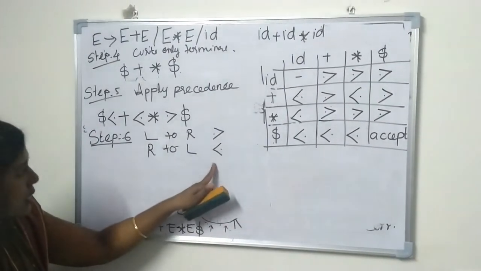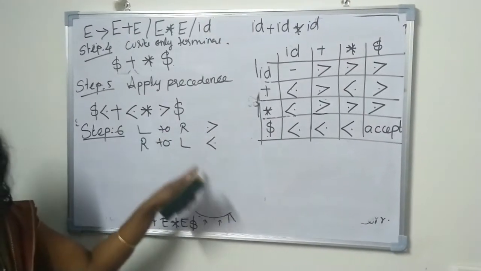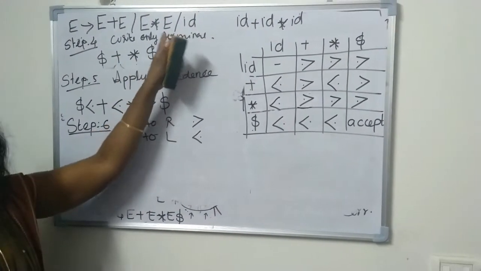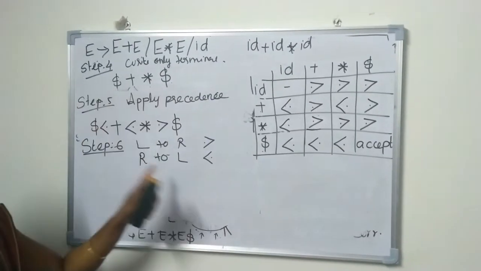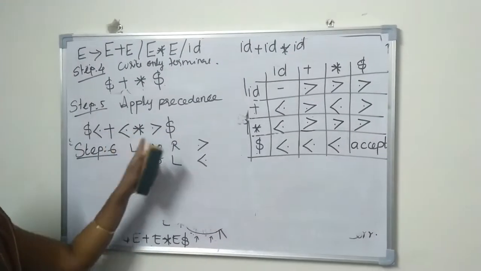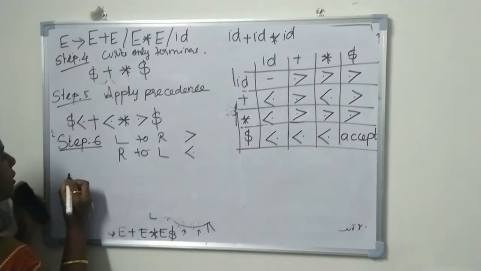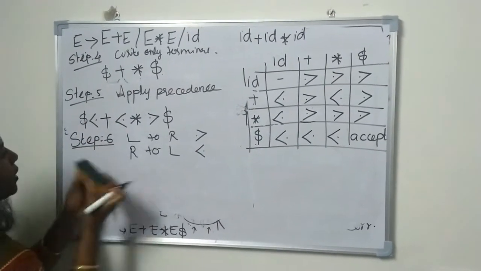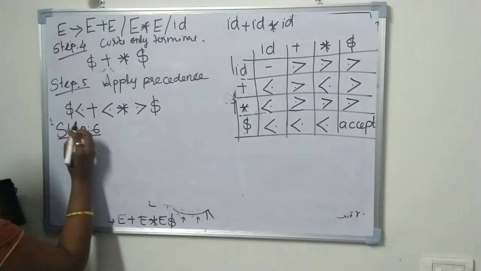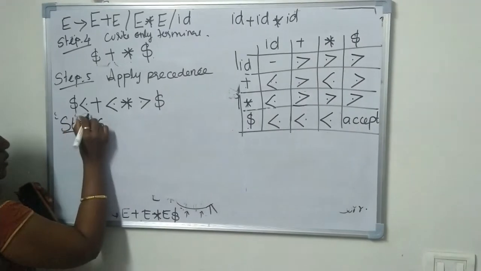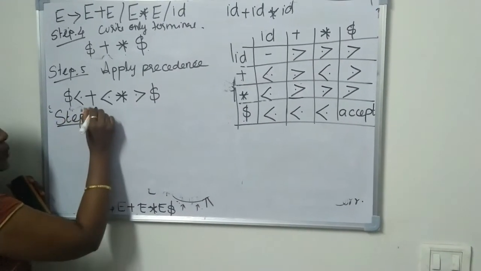Once we find this symbol, now we'll remove this. In the previous step, we reduced to the production non-terminal. Now we'll remove that particular part, the handle. So I'll start here. Dollar is there. Then less than symbol. Now I'll move to the next part.